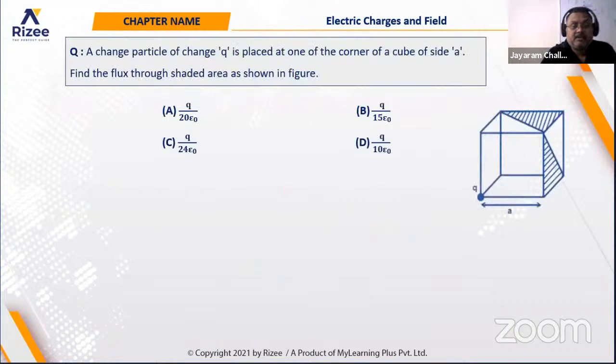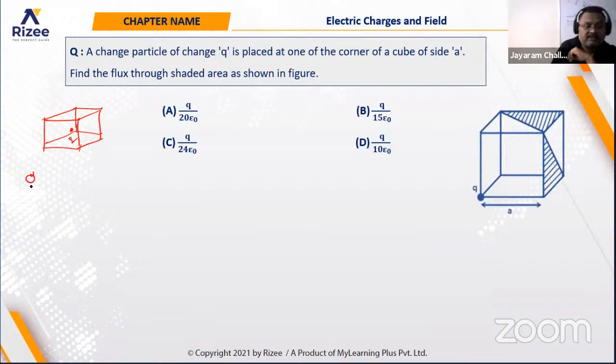Next one. He is asking: a charged particle of charge Q is placed on one of the corners of the cube of side A. Find the flux through the shaded area. Suppose the charged particle is inside the cube, exactly at the center, then the total flux, according to the definition, should be Q by epsilon naught.